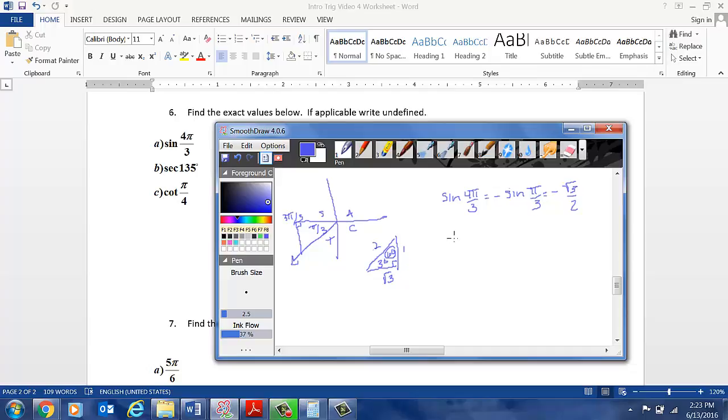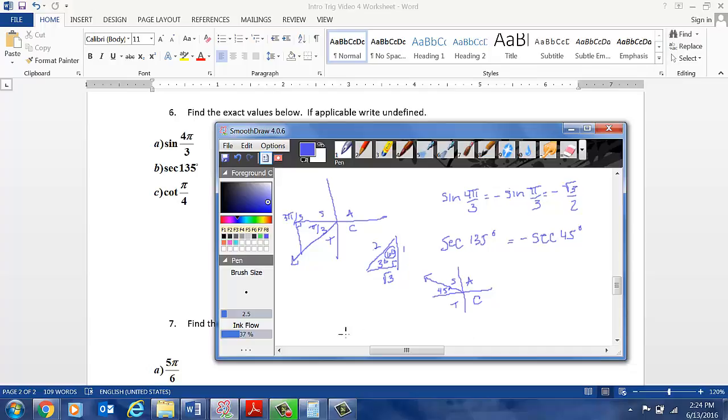Secant of 135. Okay, so secant of 135. Let's see, 135 would be in quadrant 2, and that would have a reference angle of 45 degrees. So let's see, secant is negative in quadrant 2, so this is the same as negative secant of 45 degrees.